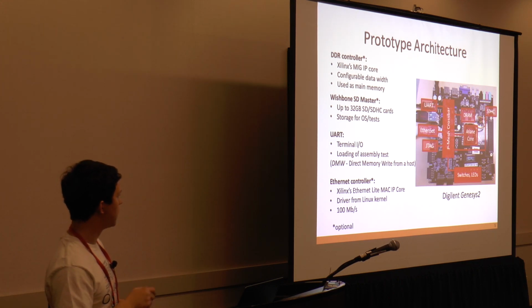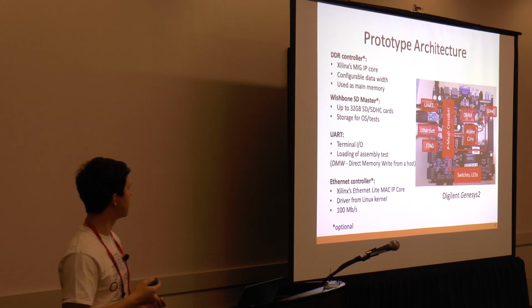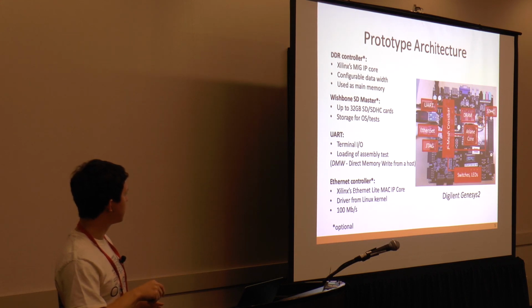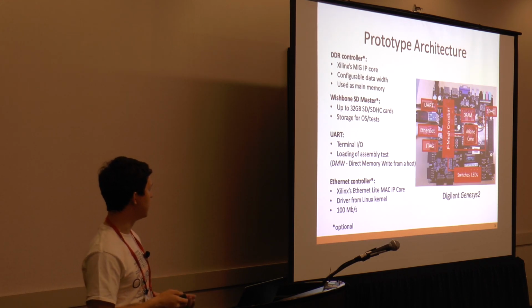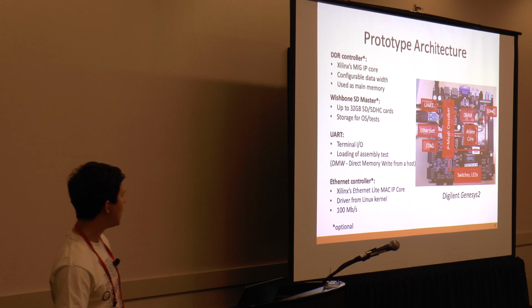The second peripheral is the SD card in the right upper corner, and it has the OS image, and the OS basically boots from there. The third peripheral, which is the only one included in every design, is UART. Basically, it serves as terminal I/O. It's in the left upper corner.